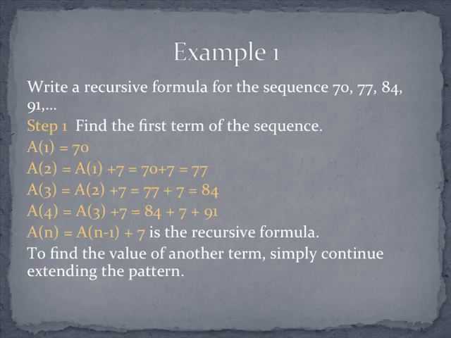Then a3 equals a2 plus 7, which equals 77 plus 7, which equals 84. Then a4 equals a3 plus 7, which equals 84 plus 7, which equals 91. We have a sub n equals a sub n minus 1 plus 7, which is our recursive formula. To find the value of another term, simply continue extending the pattern.